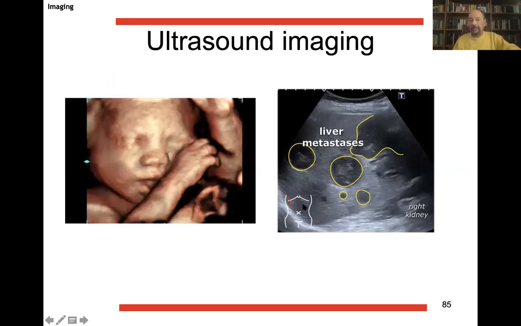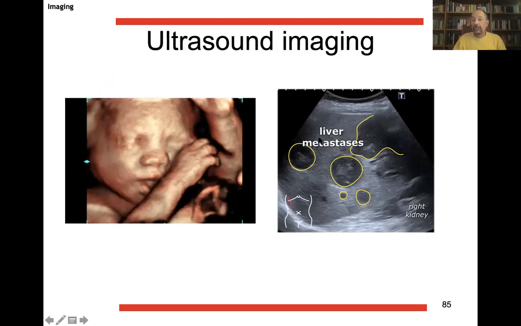Finally, the final technique that I want to briefly touch upon is ultrasound, of course. Ultrasound, as you know, is used very much in gynecology for monitoring the uterus during pregnancy, which now gives these beautiful 3D ultrasound images of the baby, but it's also very much used in the diagnosis of different diseases, including oncology.